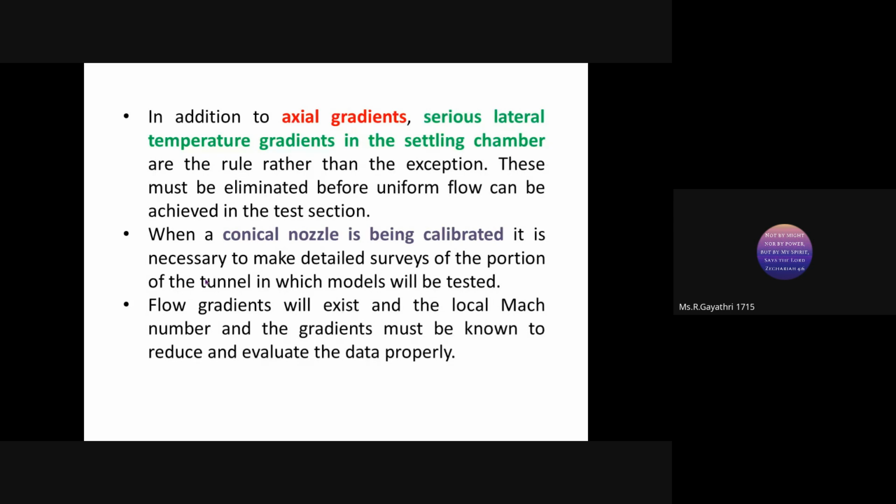So the axial gradients are important. This can cause some serious changes in the flow characteristics in the hypersonic tunnel.